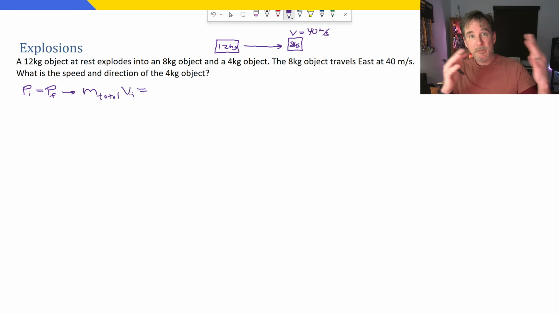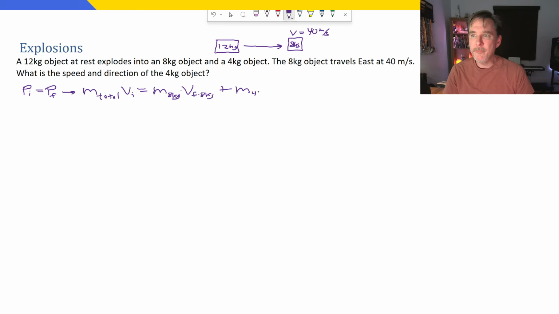And it explodes into two pieces. So we can say the mass of the 8 kilogram object times the velocity final of the 8 kilogram object plus the mass of the 4 kilogram object times the velocity final of the 4 kilogram object.